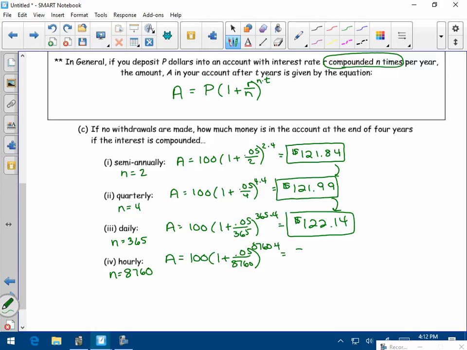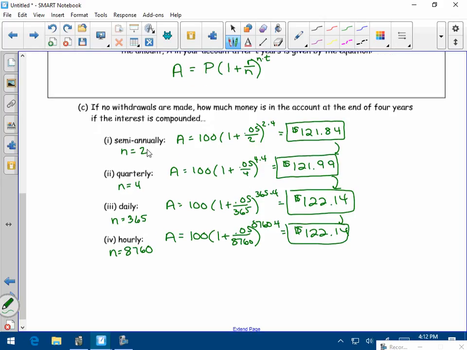And crazily, if you do that in your calculator and round to the nearest cent, it's the exact same as before. It's not really the exact same, it's just that it's a big long decimal, and the decimal's changing way lower than the hundredth place. So you can see, as I increase compounding, the amount of money I earn is increasing, but it's leveling off. And eventually, what is it leveling off to?